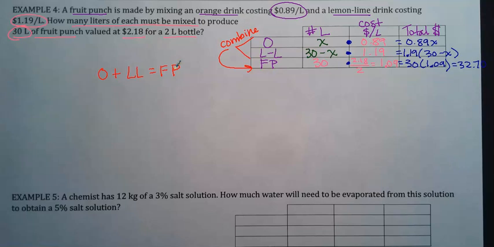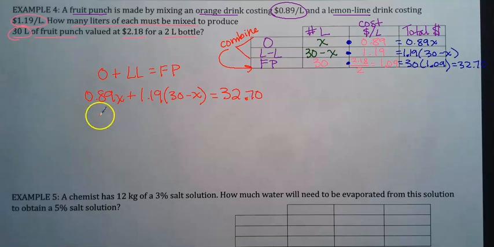So we're going to take our total for the orange, this 0.89x, and add that to our total for the lemon lime. So we're going to add the $1.19 times the quantity 30 minus X, and it's going to equal our total for the fruit punch, so it should equal $32.70. There we have it. Now we've got our equation, we can solve it.